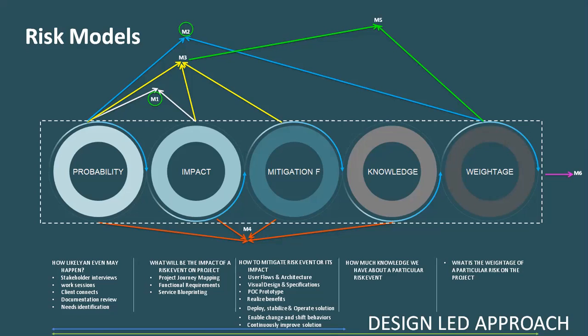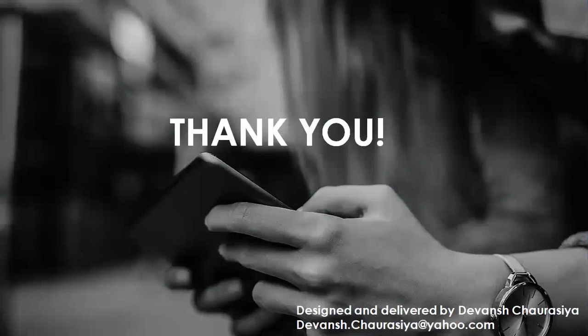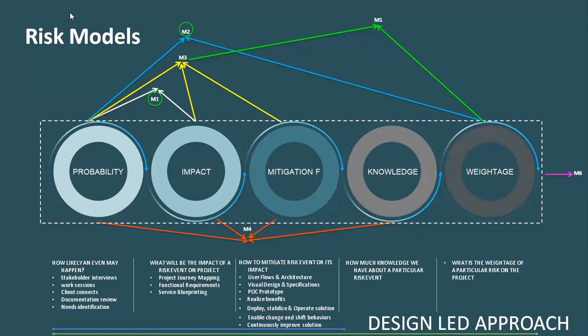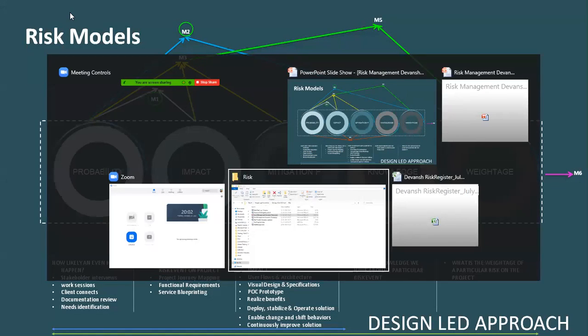So we need to use our judgment and knowledge to pick the right model. I will be talking about 2-3 different models which are very specific to the IT industry. Okay. Let me take you to Excel.